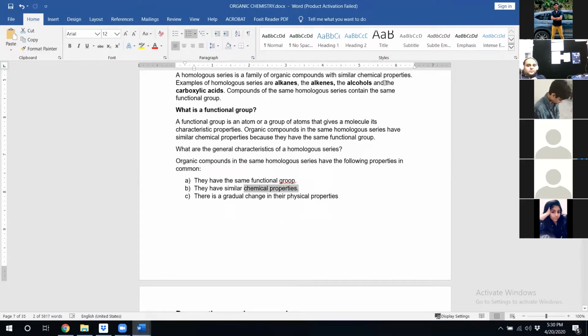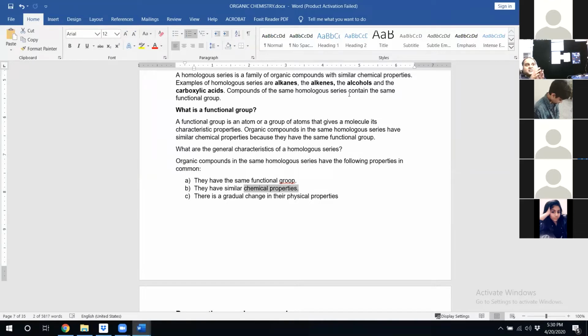So we need to remember that each family has their individual characteristics, and only if a compound follows all those characteristics will it be classified under that family.